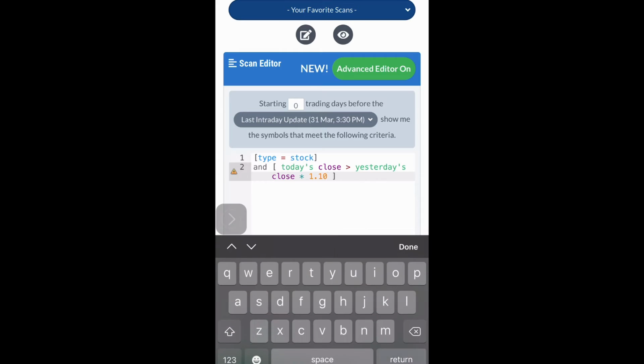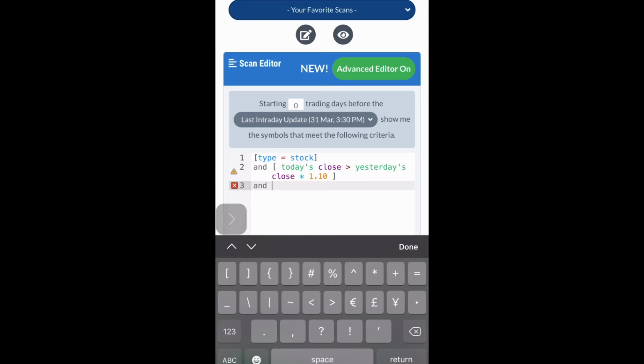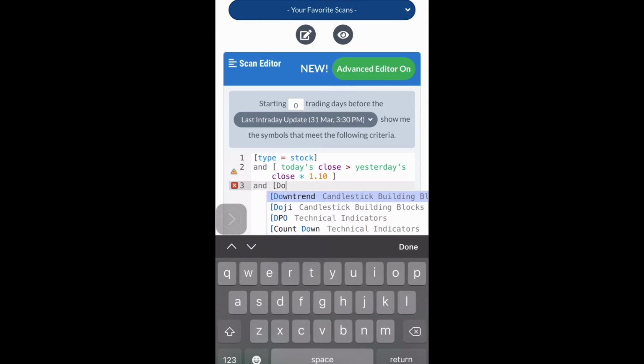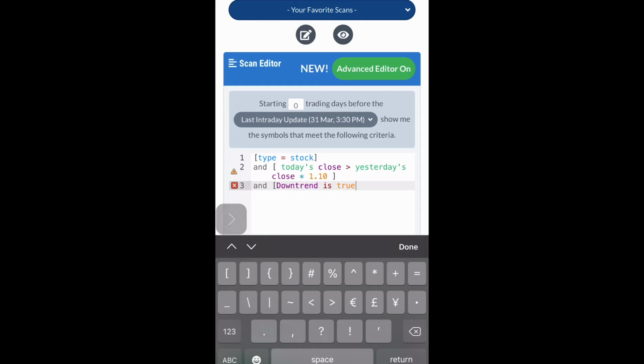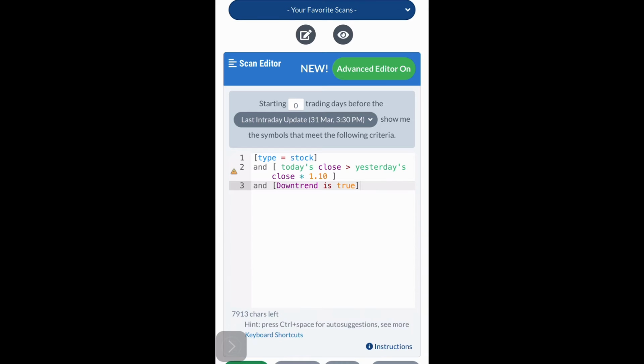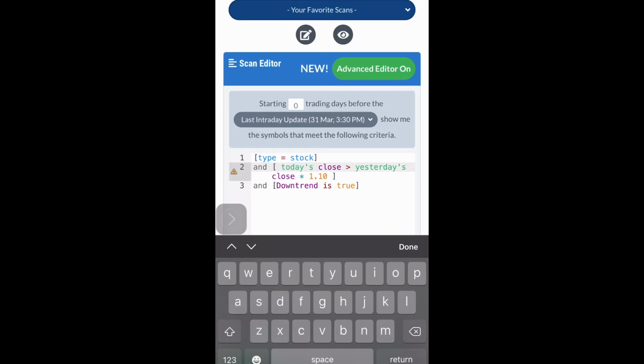And the downtrend, very straightforward. Forgot the bracket. And downtrend is true. The reason the caution sign is there is you don't need to have today, but I like to do it just because if I were to take it off, for example, you'll see that it goes away.